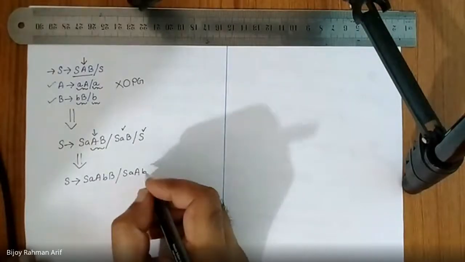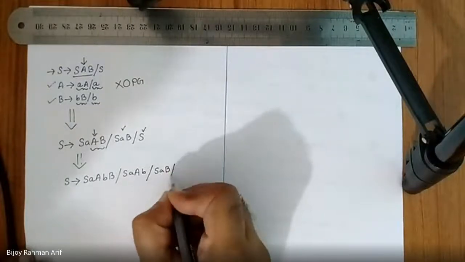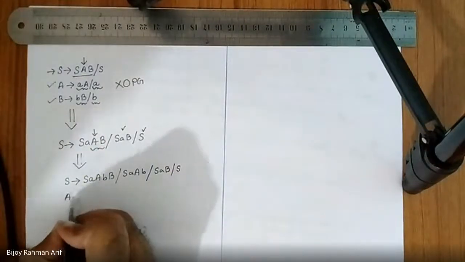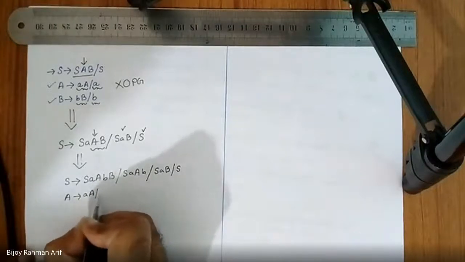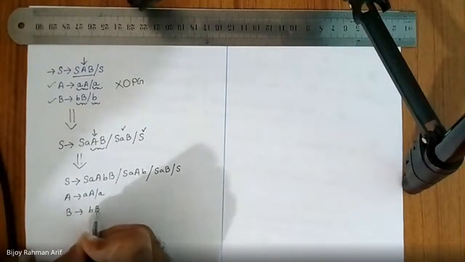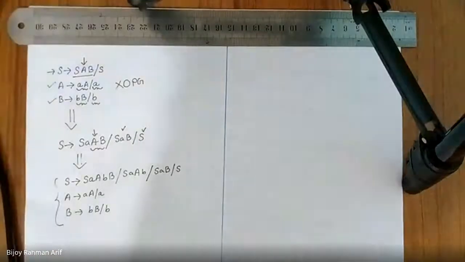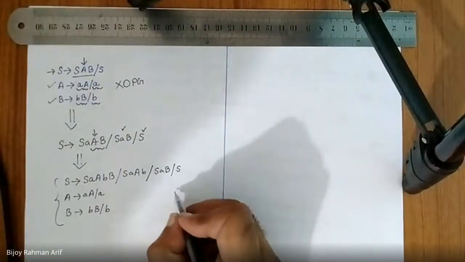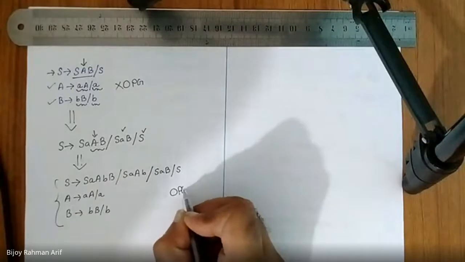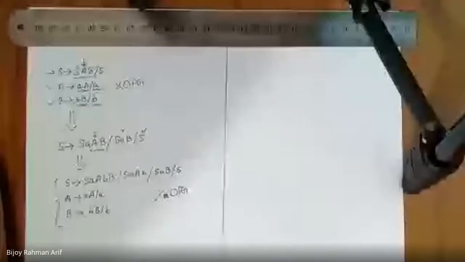Then we have also SAB, then we have S. Then A is nothing but A or epsilon, and B is nothing but B or epsilon. So we are done. Got it? So now it becomes OPG. Do you agree with me or not? Yes, sir. It becomes OPG. So this is how we can convert some, not all, some non-OPG to OPG.